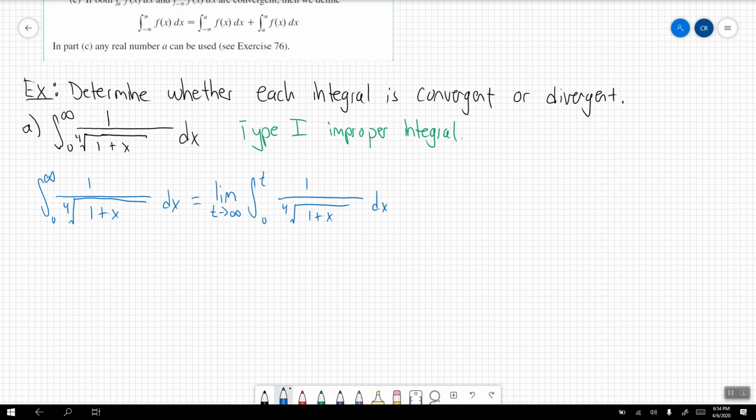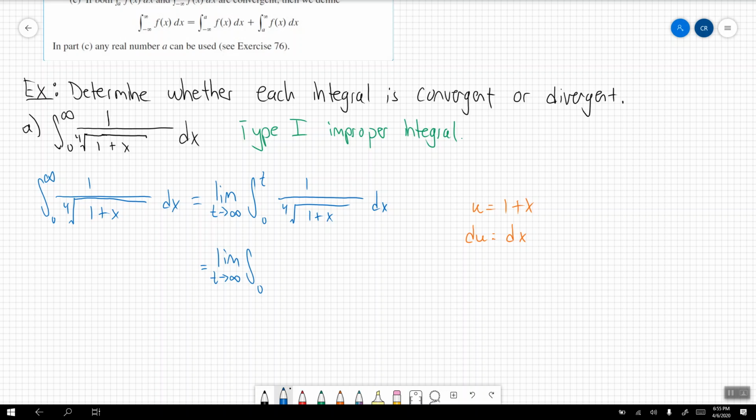There we are. So now as we're working through this, we can say, okay, well, now all I need to do is make some sort of substitution to try to evaluate this. So I can choose my substitution here as u is going to be 1 plus x, then du is equal to dx, and therefore this is going to be the limit as t is approaching infinity, and this is going to be from 0 up to a certain amount. We'll get there in a little bit.